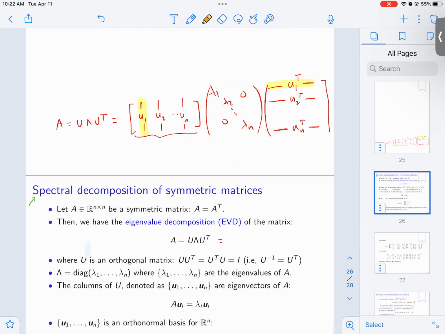So every matrix would have a decomposition like this, where the diagonal entries of that middle matrix are the eigenvalues. These U1, U2 up to UN are the eigenvectors. U1 corresponds to the eigenvalue lambda 1, U2 corresponds to eigenvalue lambda 2. And this follows from the eigendecomposition.